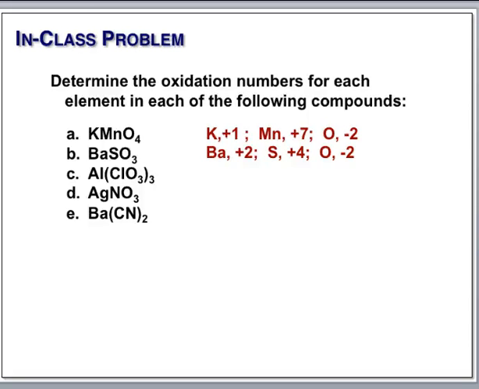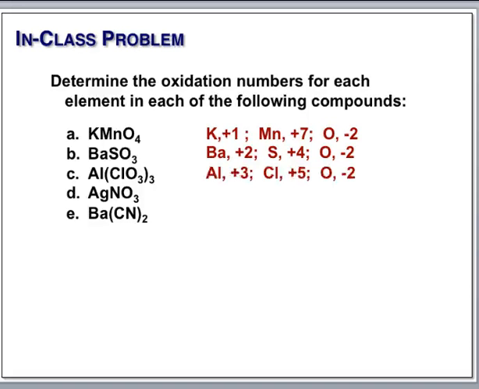So if the oxygens add up to -6 and the whole thing is -1, chlorine must be +5. Now think about this again. Inside of our parentheses, each oxygen is -2.